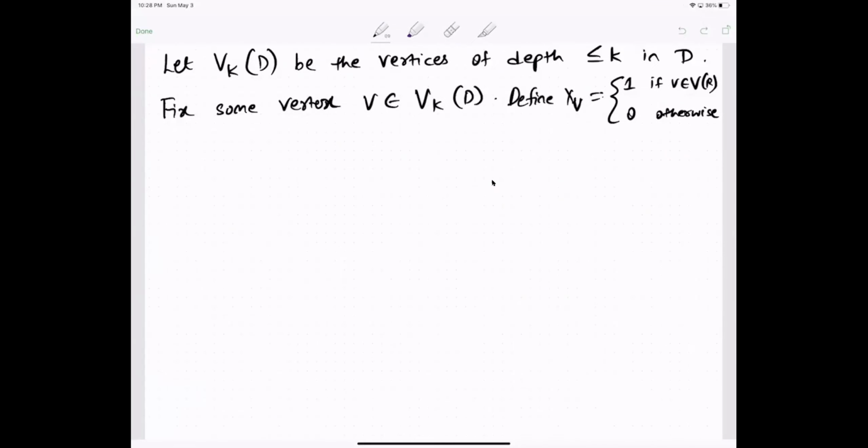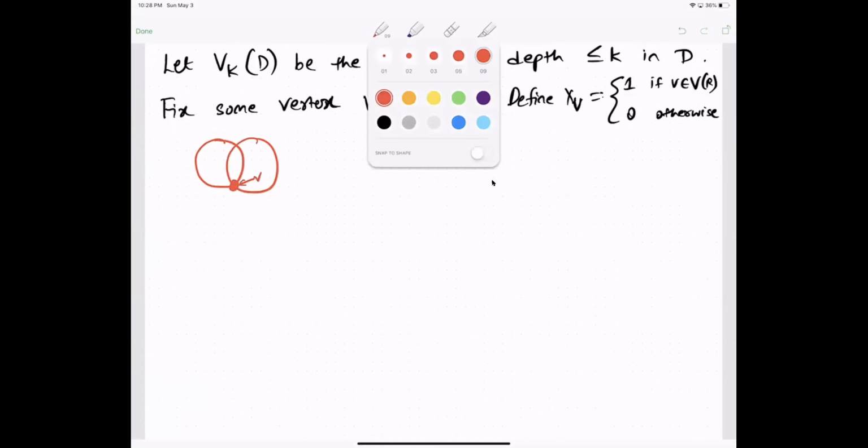Okay, so if I draw it as a figure, this is the vertex v.